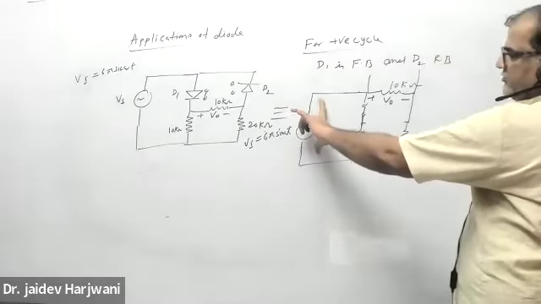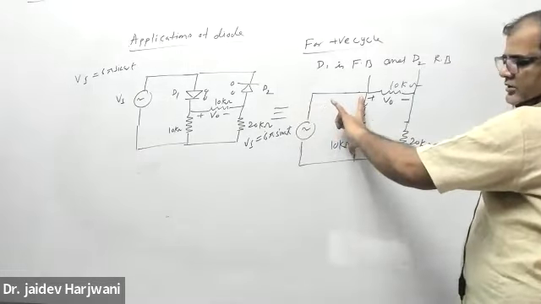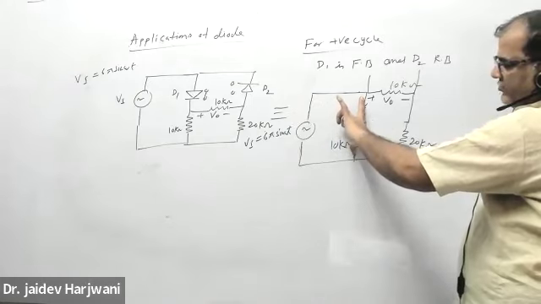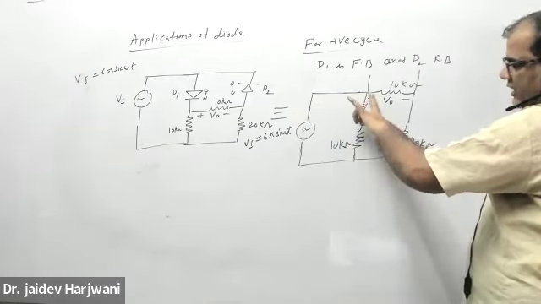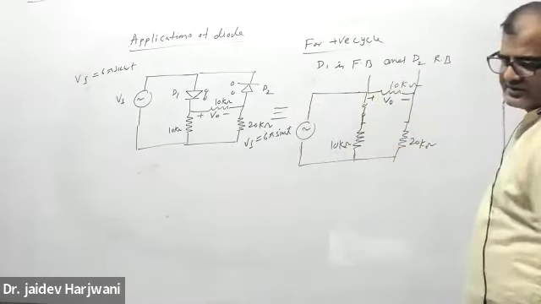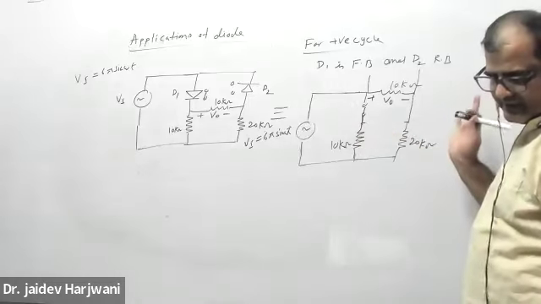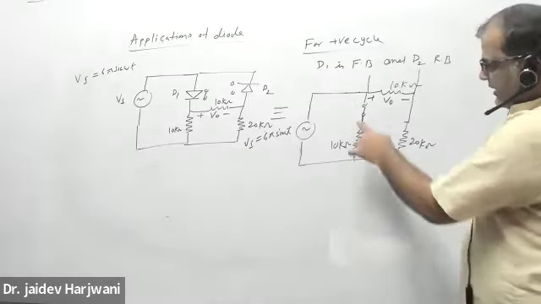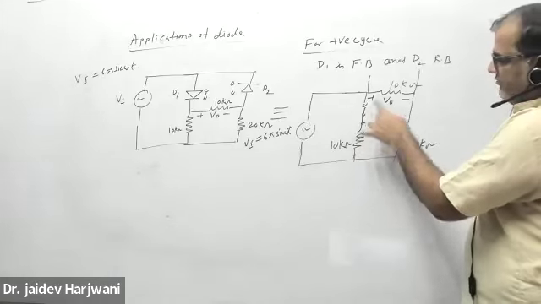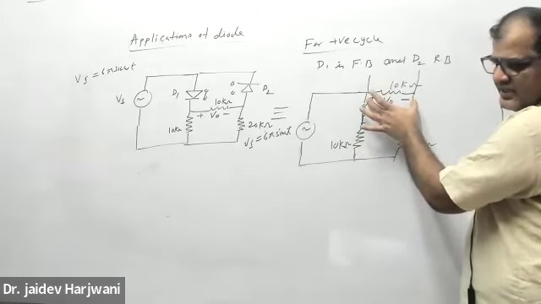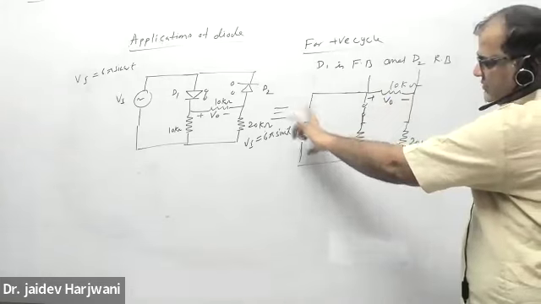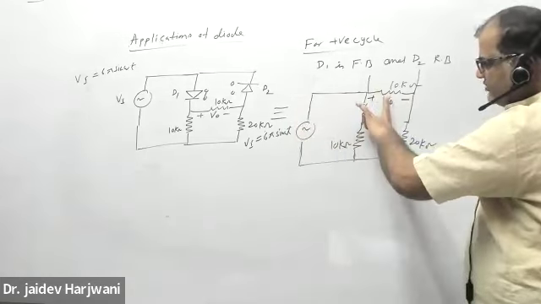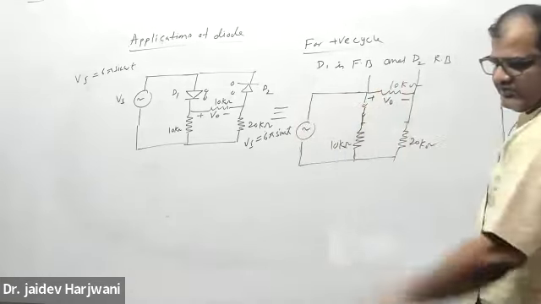This voltage is equal to the voltage across these two resistors. Either you apply current division and find the current here, then find the voltage, or directly you can say 6 pi sine omega t is here and you can apply voltage division.